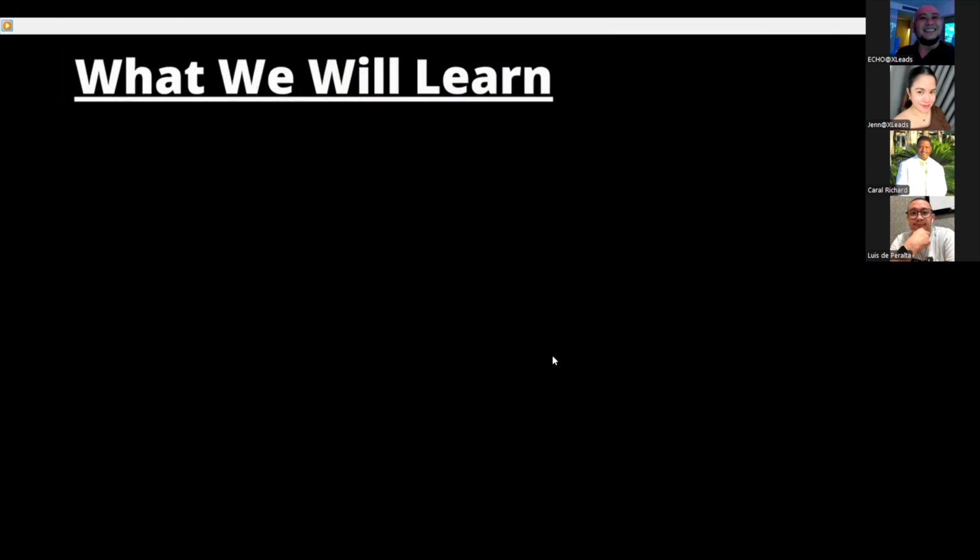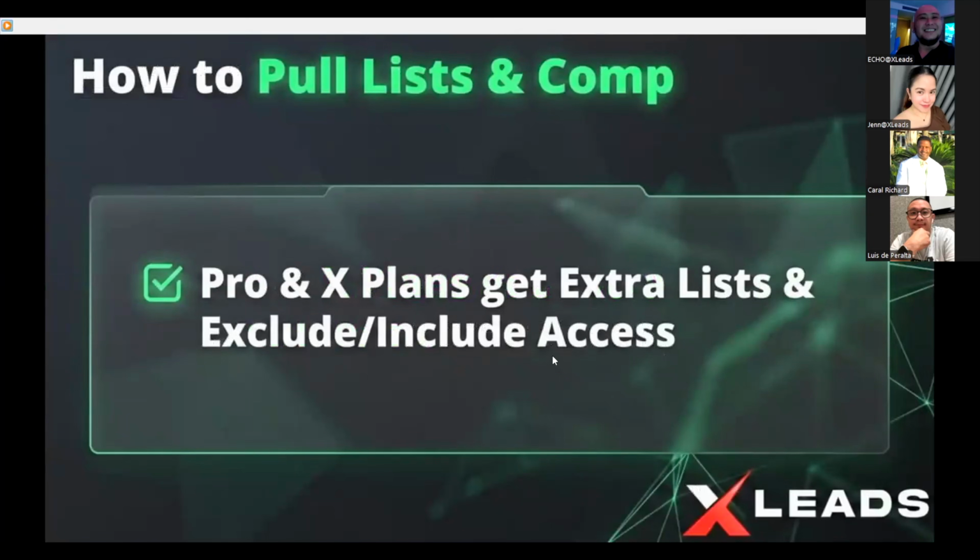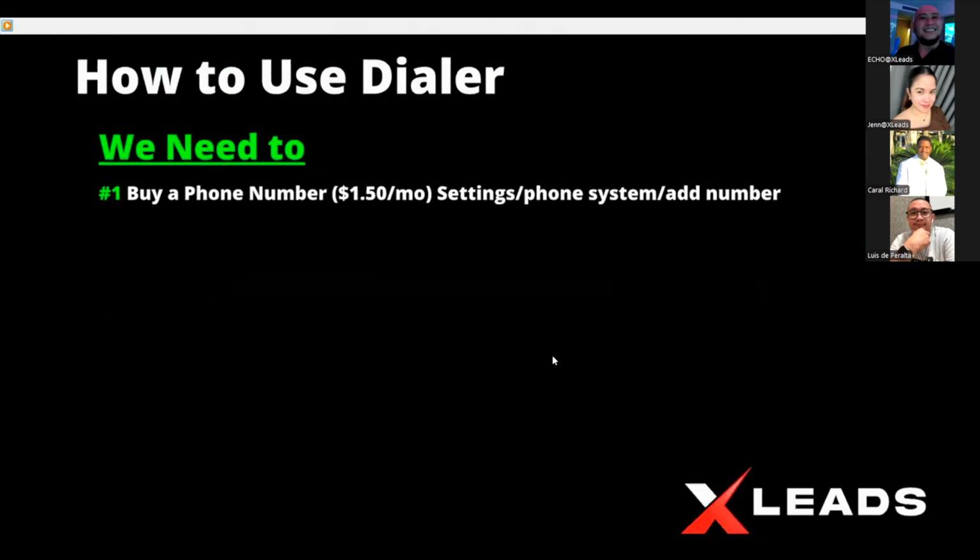Here is an overview of what we will learn during this video. We will cover pulling lists using disposition tools, SkyDrive AI, importing and exporting data, and spam-proofing your cold calling dial. When pulling lists and comps, remember that Pro and X plans include additional access to specific filters and extra lists. To use the dial, first navigate to your settings to purchase a phone number for just $1.50 per month.